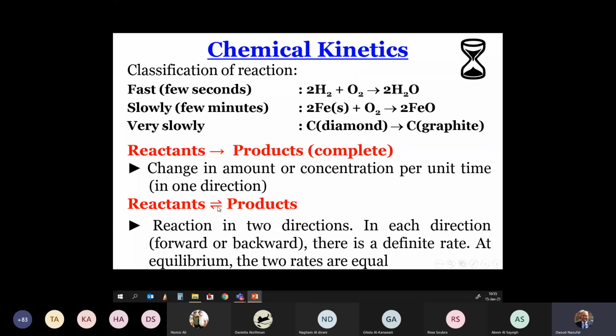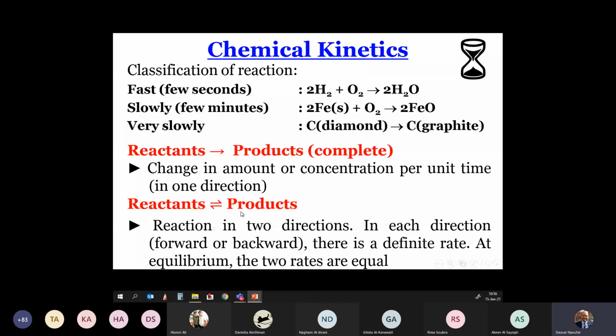We can study the kinetics in direction 1 or in direction 2, and the kinetics are different, since at t equals 0 we have reactants and the products are 0. So the rate of the reaction in direction 1 is maximum, and it will decrease with time due to the decrease in the quantity of reactants.